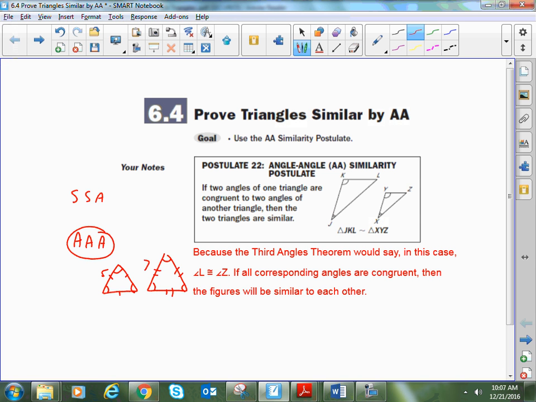However, the triangles that we would have would be similar to each other, so angle-angle-angle doesn't show congruency, however it does show similarity.